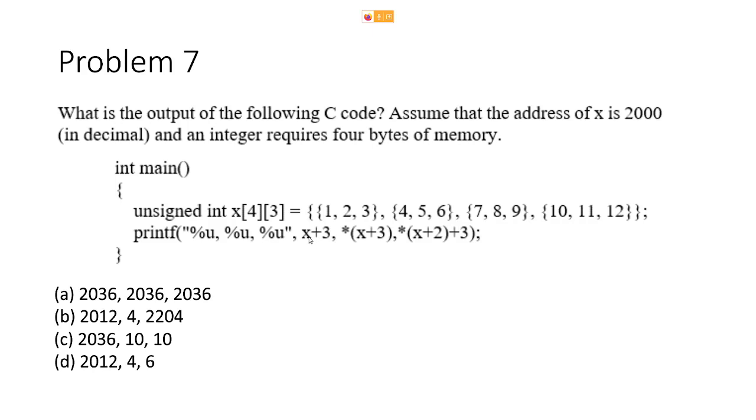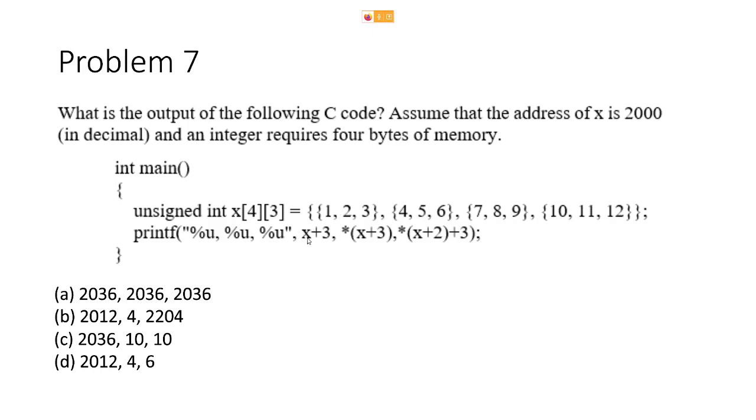I hope you understand. If you don't, then just let me know. You're basically adding all of these elements that you're skipping. You're skipping 3 rows, each has 3 elements, every element is of 4 bytes. So you're skipping 3 into 3 into 4 bytes, which is 36 bytes.